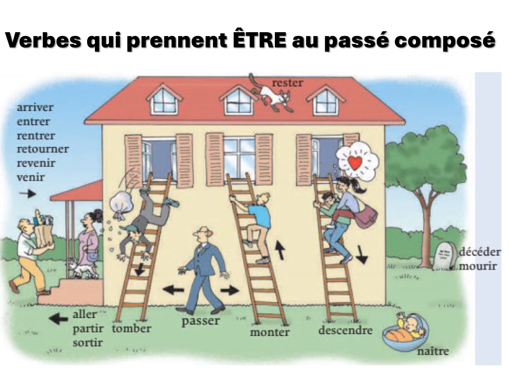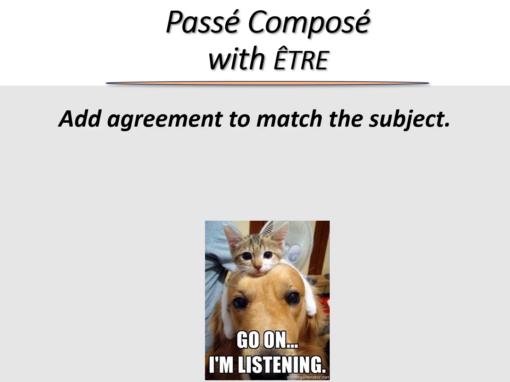So now you remember there are other verbs that take être in the passé composé, these verbs of movement, important verbs like aller, arriver, entrer, rester. And you know that when you use être in the passé composé, you have to have agreement in the past participle to match the subject.